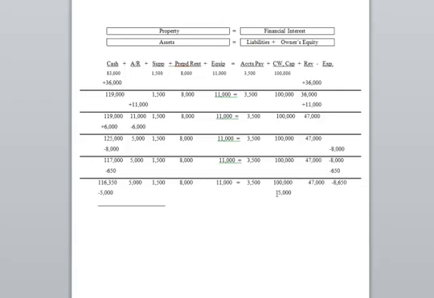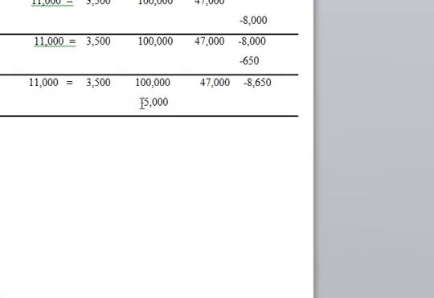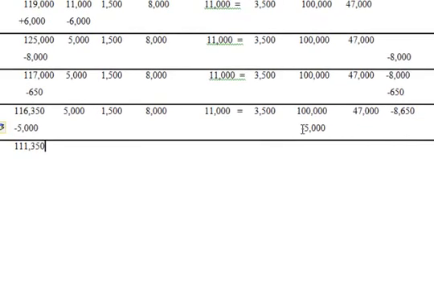And we're going to draw a line and bring down our totals. So $116,350 to start with in cash, minus the $5,000 check she wrote, and that gives us $111,350 left in the cash account. We still have $5,000 worth of accounts receivable.